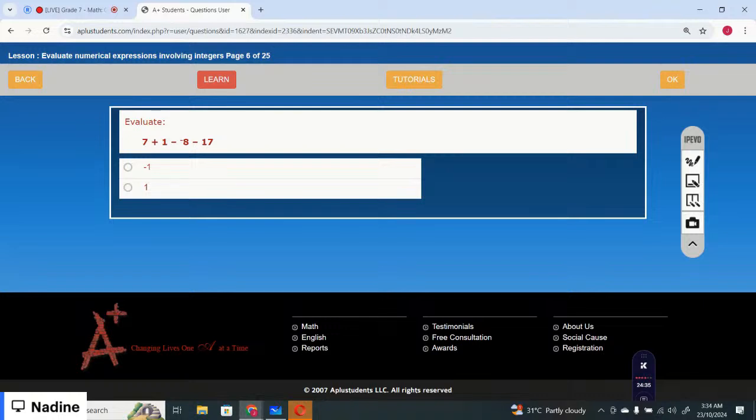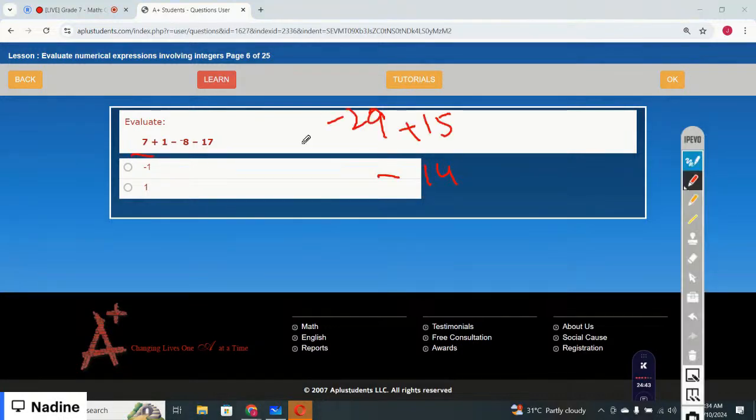Okay, the next one is 7 plus 1 minus negative 8 and minus 17, right? So 7 plus 1, just add them. 7 plus 1 is 8. 8 minus negative 8 minus 17. So 8 minus negative 8 means you need to add them. Subtracting a negative integer is same as adding. You have to do 8 plus 8, that is 16, and 16 minus 17 is negative 1.